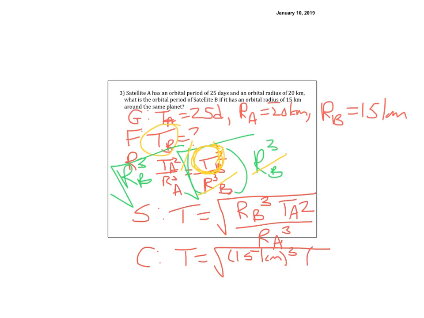TA was 25 days, so 25 days squared, divided by RA, which is 20 kilometers cubed. Okay, so let's check our units so we don't go too far and then we know we messed up. So we can see kilometers cubed cancels out with kilometers cubed. Yay. And the square is going to cancel out right there, so I'm going to end up with days, and that's awesome because that's what I needed to end up with.